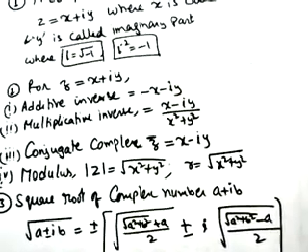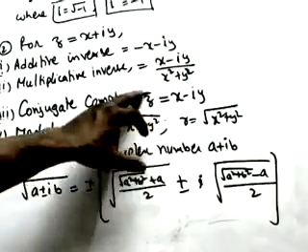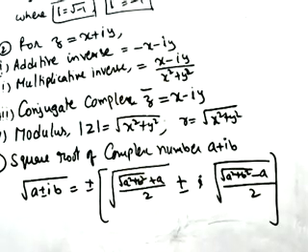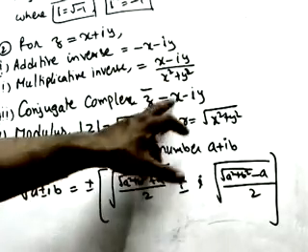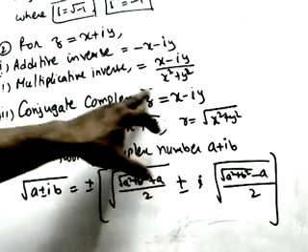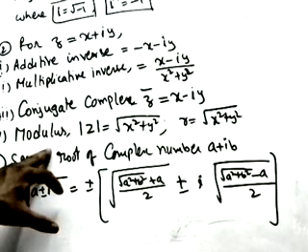Now the conjugate complex, which is also used many times. The conjugate complex is denoted by z bar. Its value is x minus iy: the conjugate of x plus iy is z bar equals x minus iy.